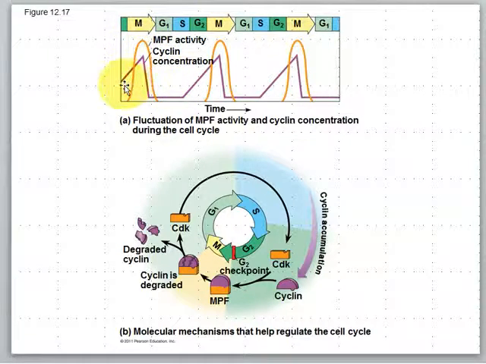And notice this cyclin concentration rises and falls and rises and falls. That's why it's called cyclin, because it rises and falls. And when the concentration rises, it causes this particular kinase to do its job and trigger the cell to go ahead and go into the M phase and divide into two daughter cells.